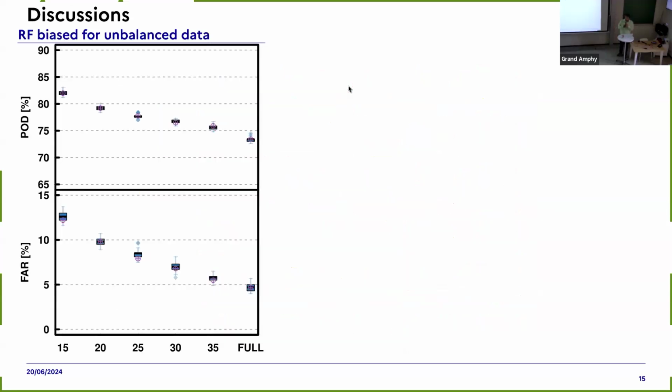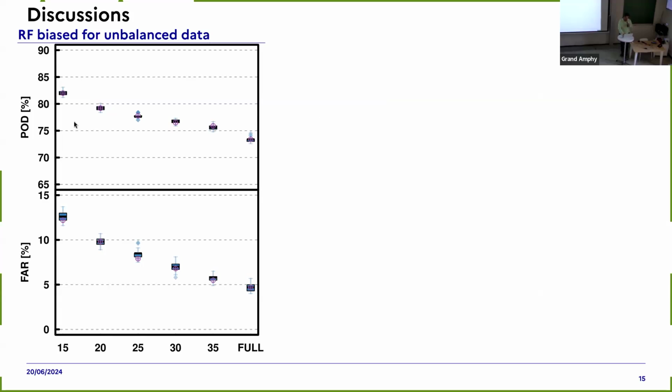Okay. So about the random forest bias for unbalanced data, we know that this is a basic classification issue. If you have too many zeros, the random forest will be biased, so you have to undersample the zeros.